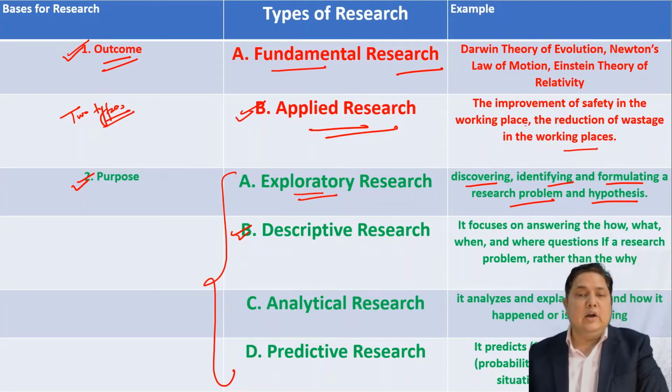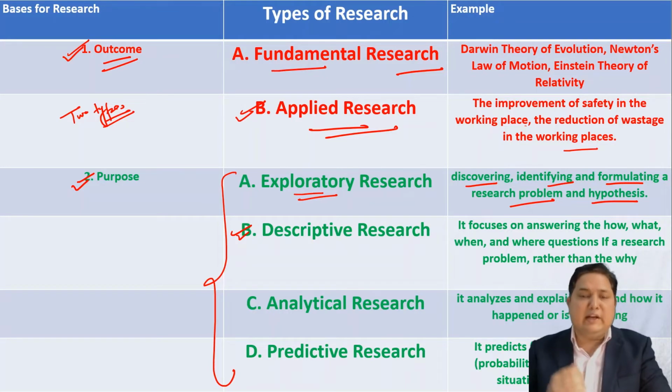Then analytical research, also known as explanatory research. It analyzes and explains why and how it happens. It means if we want to find out the relationship between two variables, we are going to do analytical research.